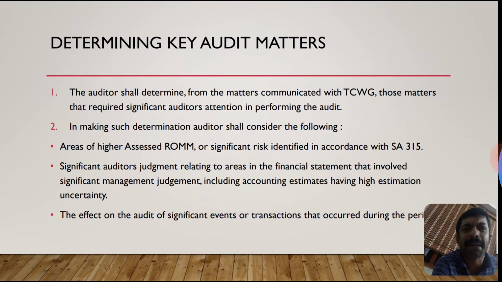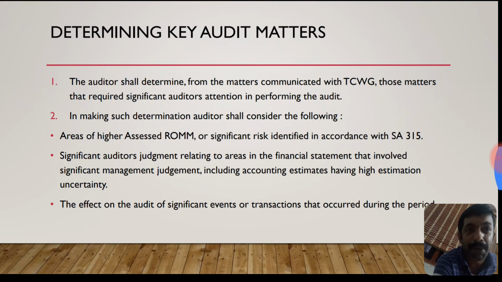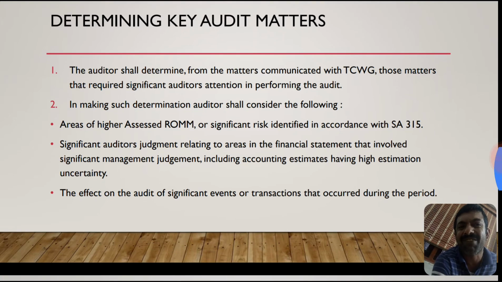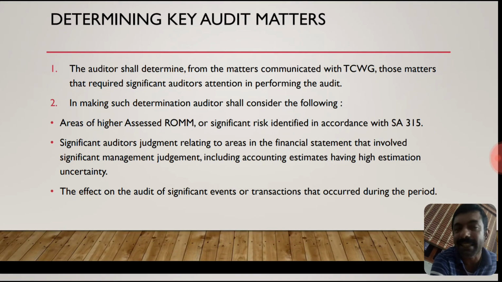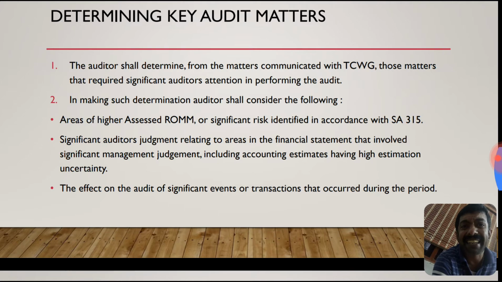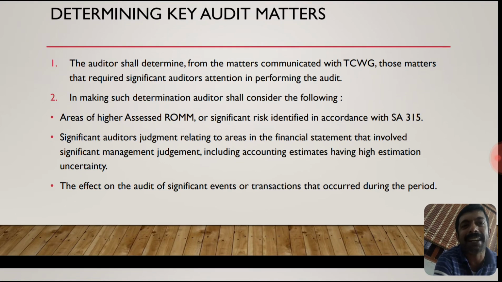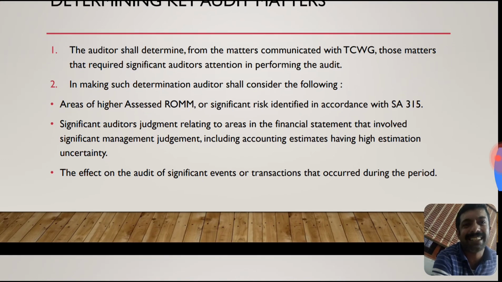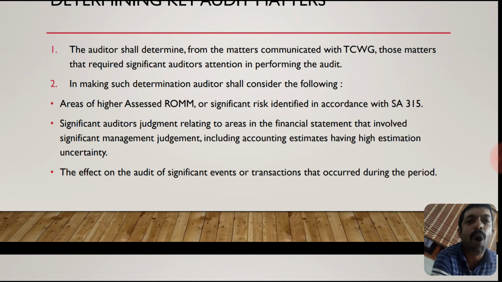The auditor shall determine them from the matters communicated with TCWG. Key audit matters are selected from the communication with those charged with governance, those matters that require significant auditor attention in performing the audit. What are the matters? First, areas of higher assessed risk of material misstatement, or significant risks identified in accordance with SA 315.